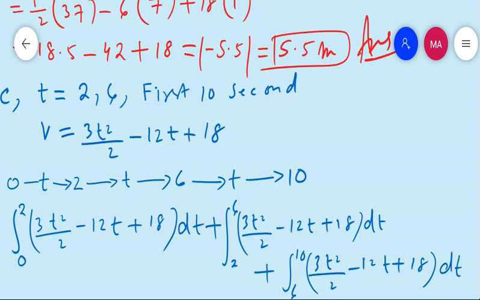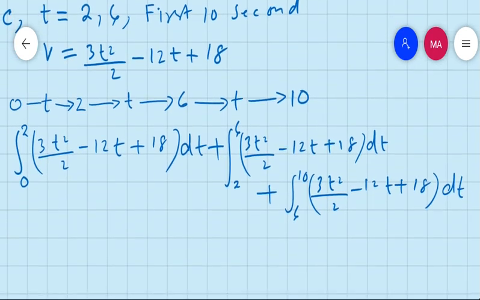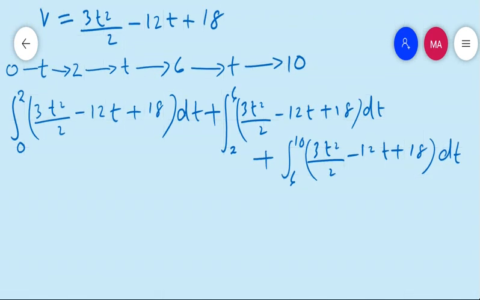So this will give you the total distance. Integration is not difficult for you because you did a lot of practice.